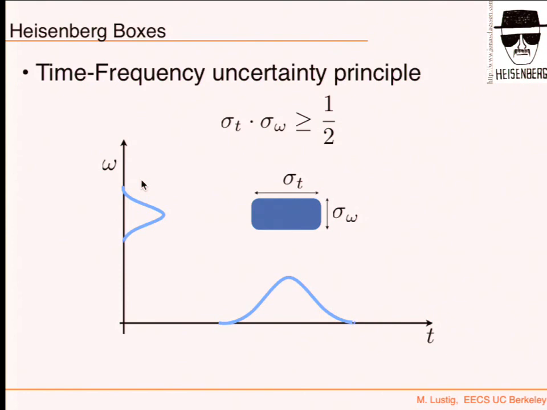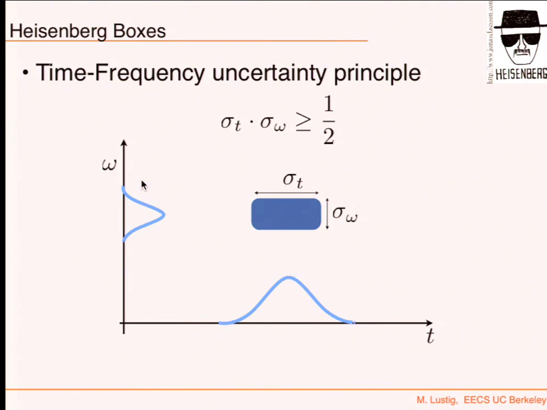So, if I want to be able to localize my signal in time, I'm going to look closer. I'm going to take a window that's narrow in time. But because of this, what will happen is that it will become narrow here, so it's going to spread here.